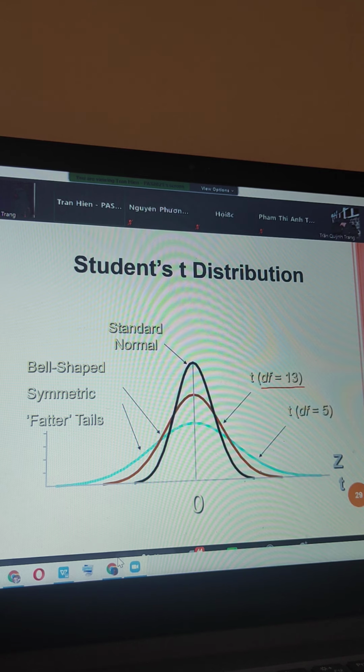The difference becomes smaller and smaller. And when the degree of freedom is 20, for example, the difference between the two curves becomes smaller and smaller. Okay.